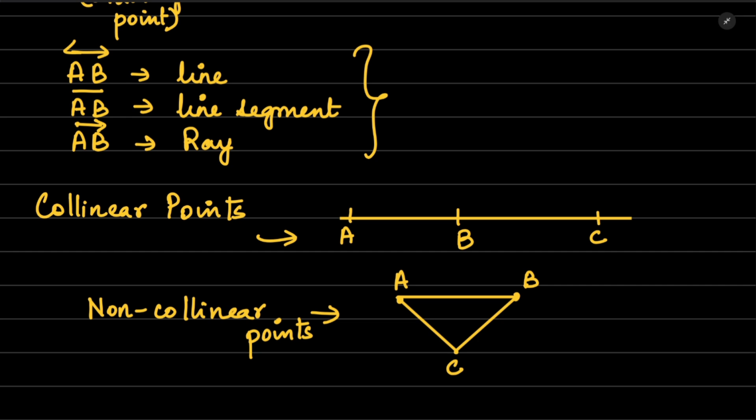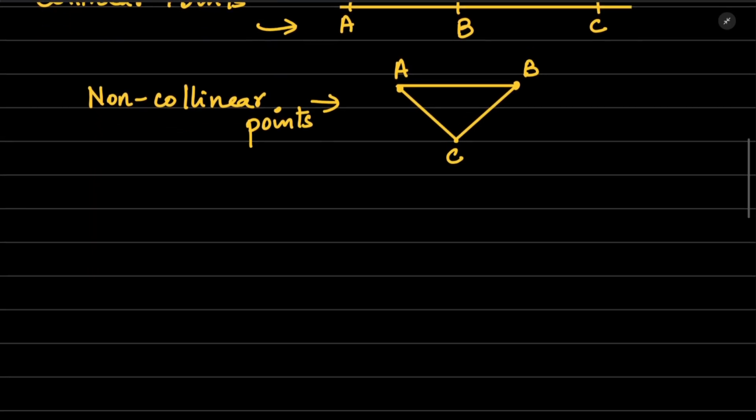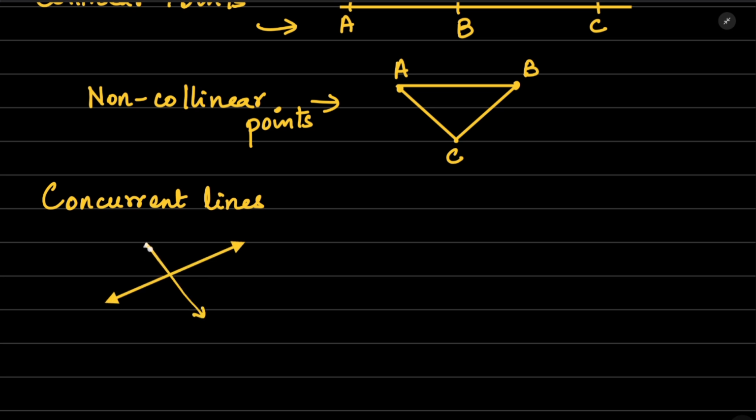Now the next thing is, what do you mean by concurrent lines? Suppose you have three or more lines like this. This is one line, this is another line, and this is a third line. You call them concurrent if they all intersect at the same point.